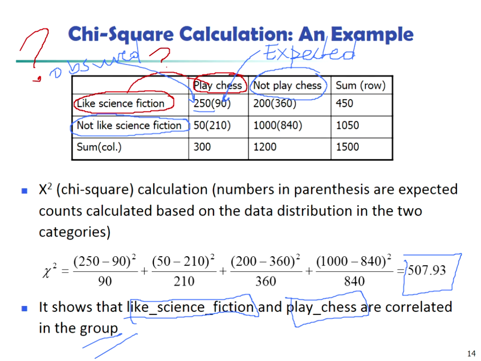So we use the chi-square calculation, and with it we find that two attributes or two variables are correlated. So in our task, in the data integration, we can remove play or remove like science fiction. We can remove one of these attributes.